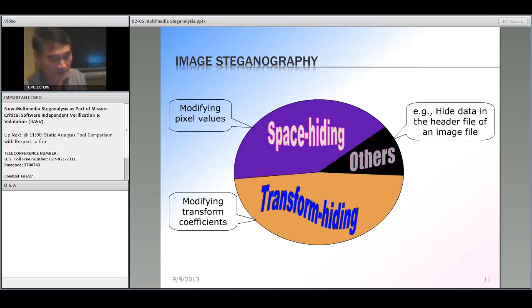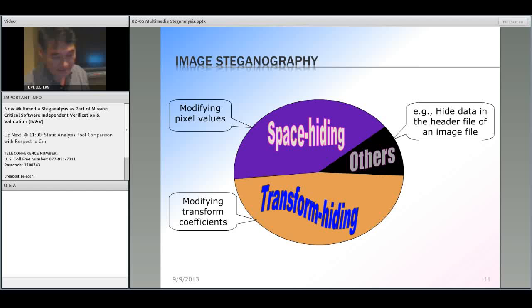So basically, the research needs to address how to detect image-based steganography and audio-based steganography, and maybe other types of media that are used as covers. We've done a lot of work on image and audio steganalysis. With regard to detecting steganography in images, there are two basic techniques.